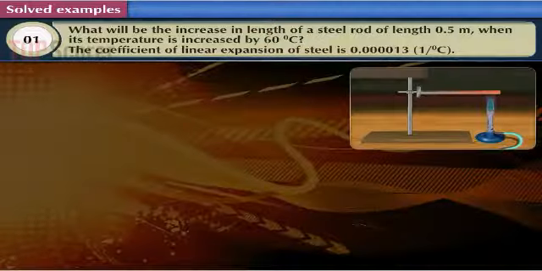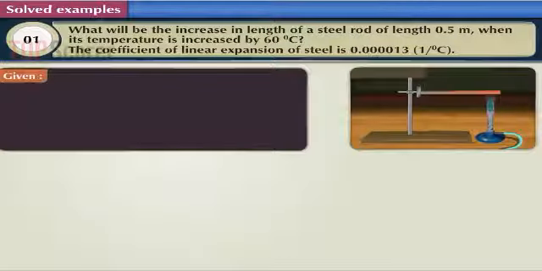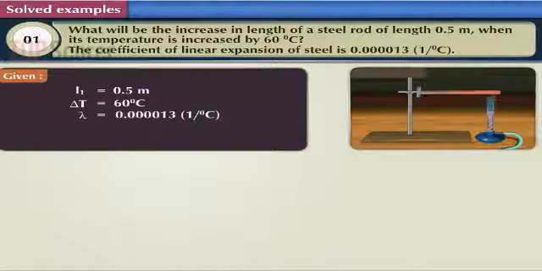Let us first note down the given information. Initial length of the steel rod L1 is 0.5 meter. Change in temperature, delta T, is equal to 60 degrees Celsius. Coefficient of linear expansion of steel is 0.000013 1 upon degree Celsius.